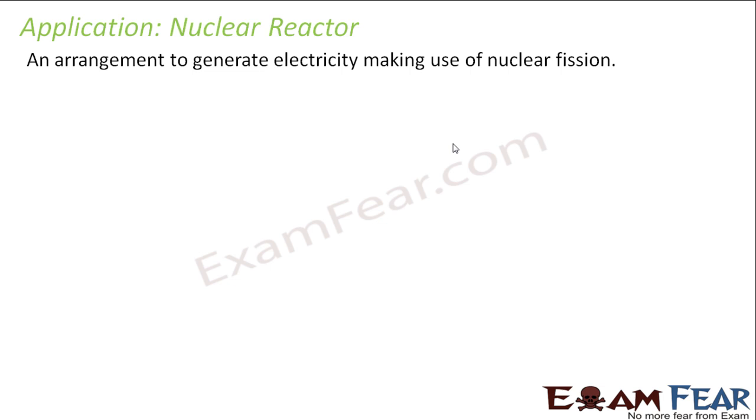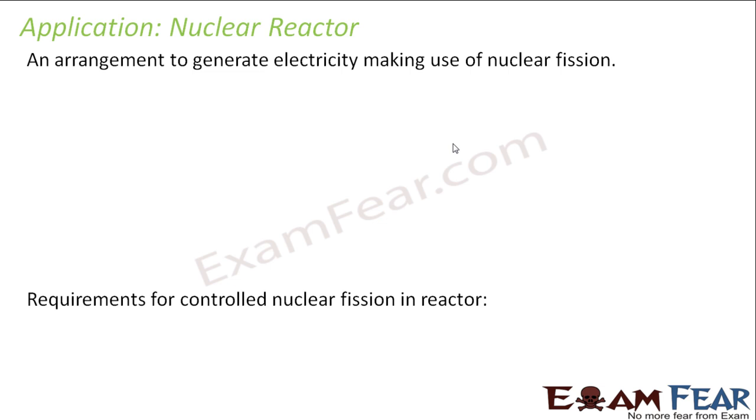Before that, let us see what a nuclear reactor is. It is an arrangement to generate electricity making use of controlled nuclear fission. So what are the requirements for controlled nuclear fission in a reactor? What did we see so far for a fission reaction? Suppose I have a target nucleus and a neutron hits this target nucleus.